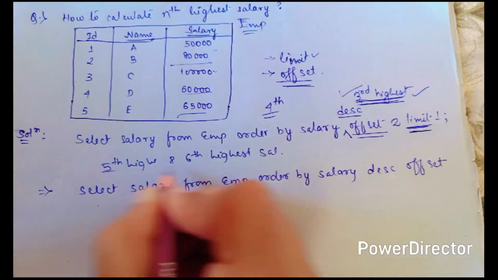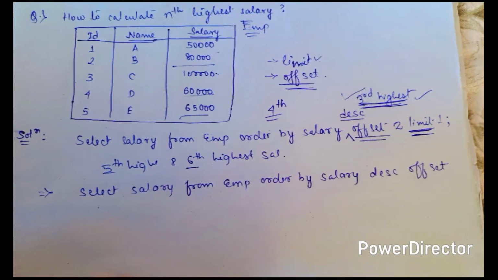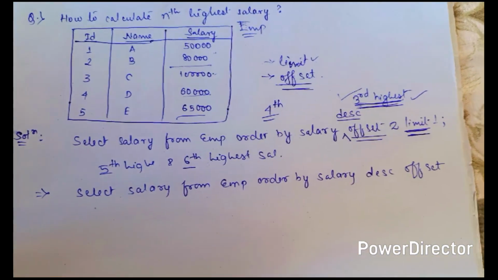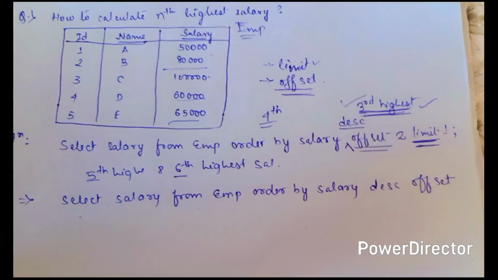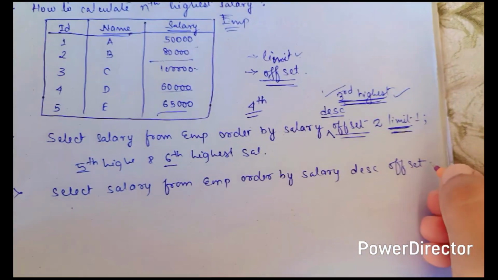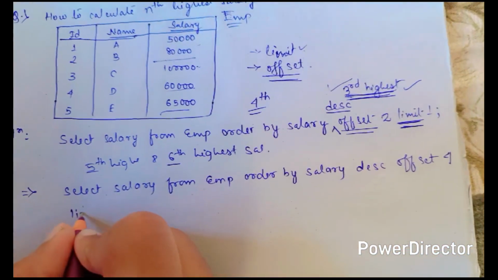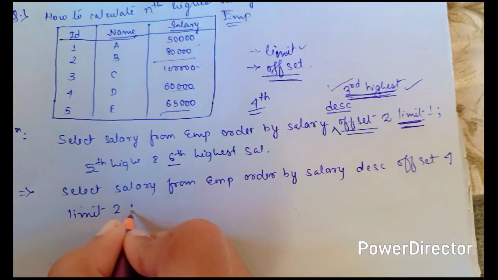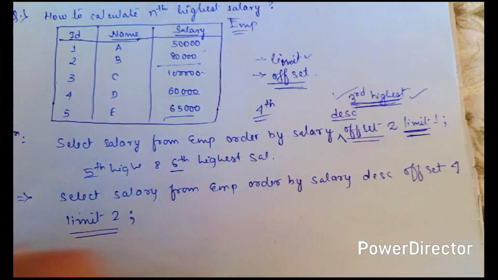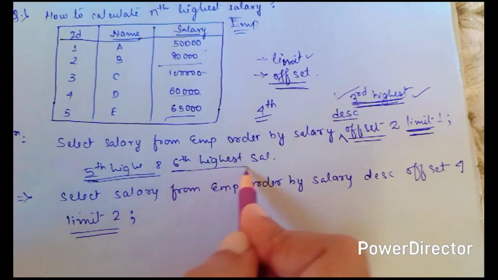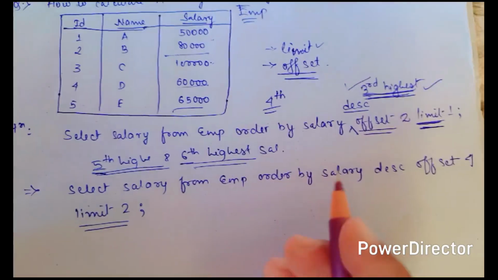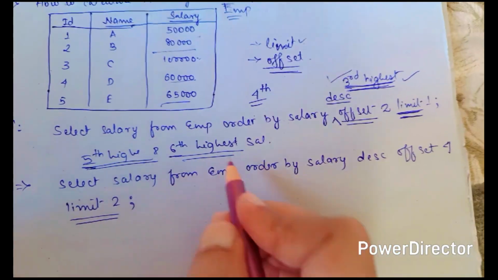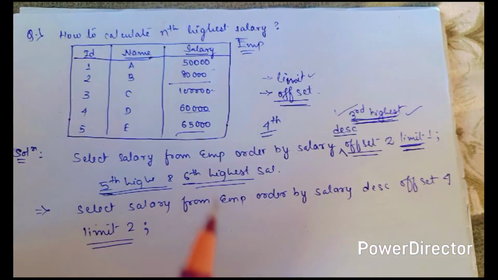So we want the fifth and sixth highest, so the first 4 records will have to be skipped. So we are going to write offset 4 and limit 2. Why is limit 2 written? Because we want 2 records to be shown. In this manner we are going to get the fifth and sixth highest salary from a table.